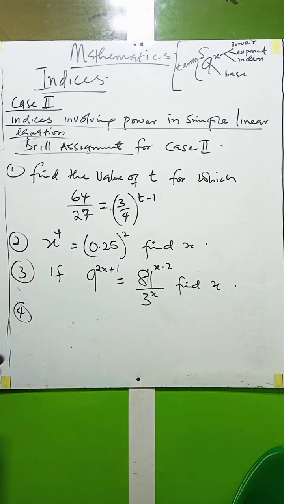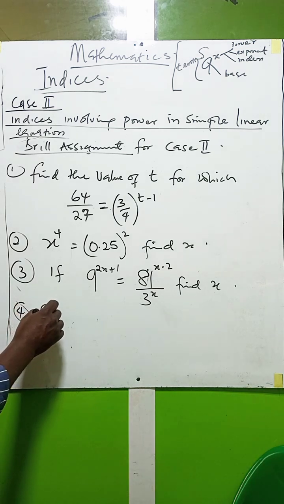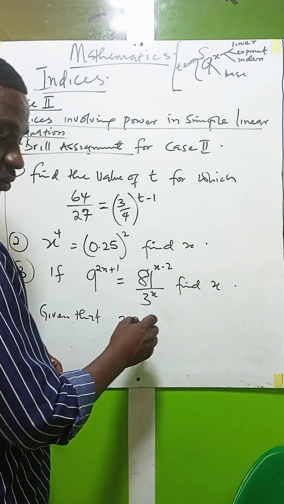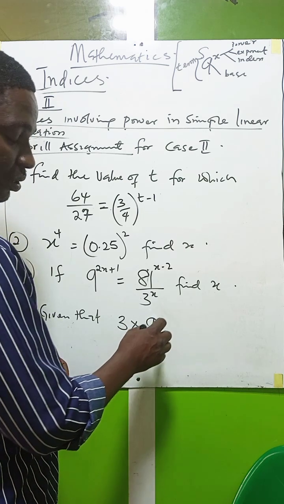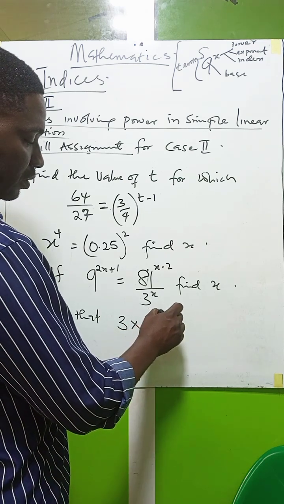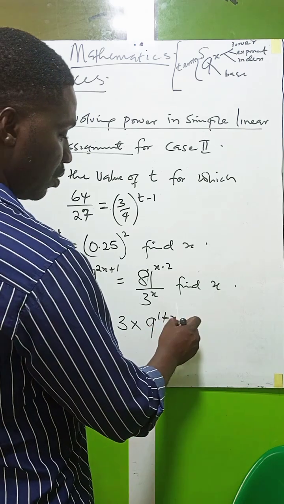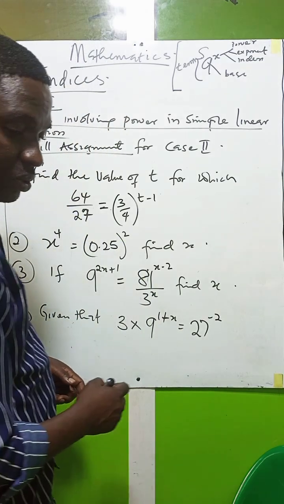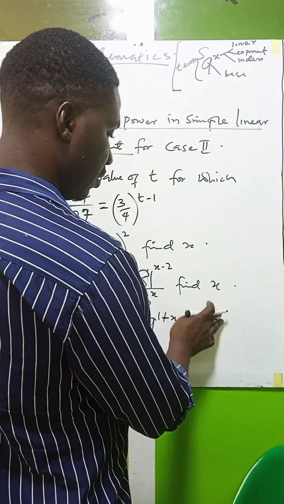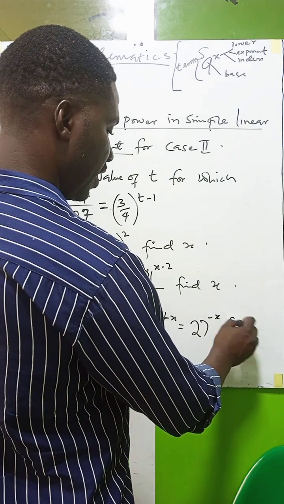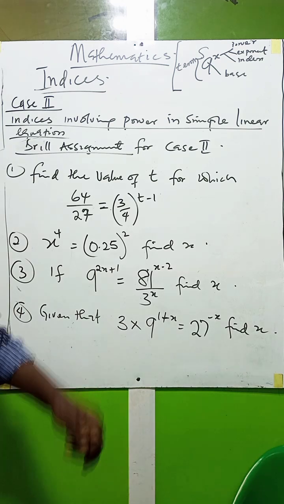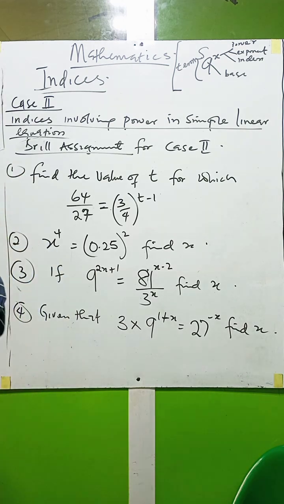Then lastly, given that 3 times 9 raised to power 1 plus x equals 27 raised to power minus 2 minus x. Sorry. Find x. So that is the drill assignment for case 2.